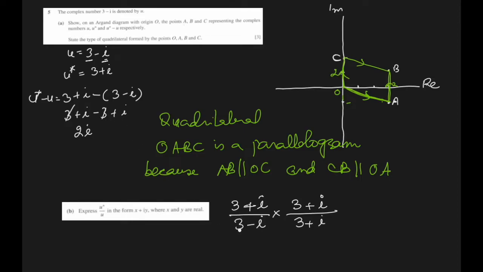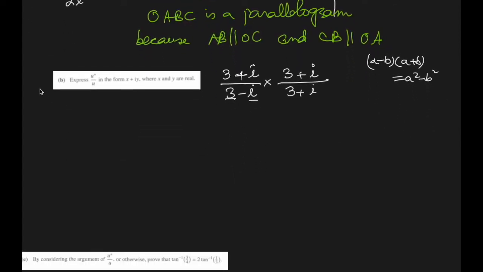And now we can write, this is a minus b, a plus b format. There is an identity, (a minus b)(a plus b) is equal to a square minus b square. This is a very famous identity which we are going to use straightforwardly. So let's do it. a square means 3 square minus i square, a square minus b square.